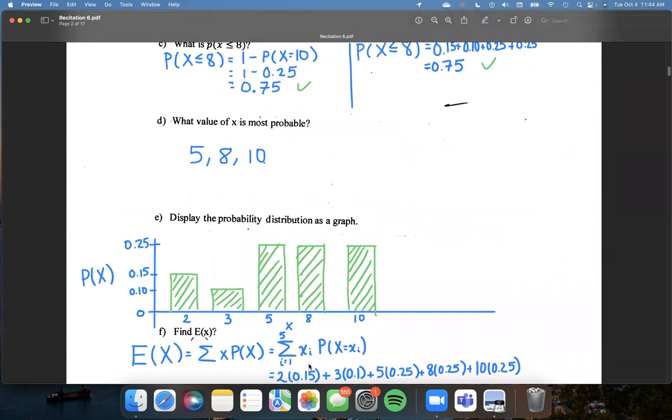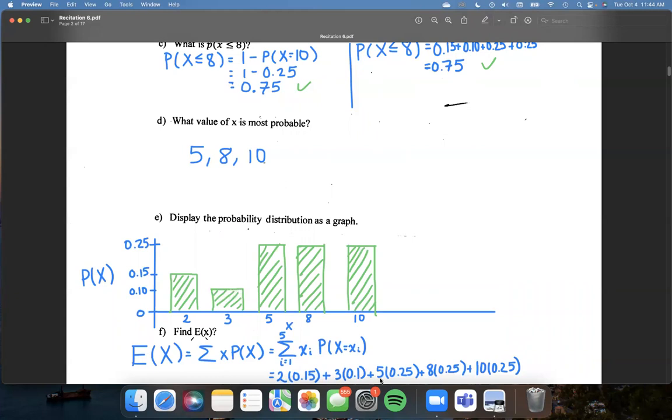First let's do where i equals 1. So we have x1 equals 2, and the probability of x equaling 2 is 0.15. Then we add that to 3 times 0.10, which is our probability of 3 occurring.